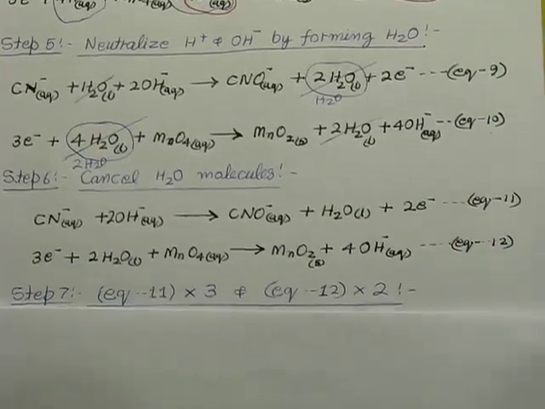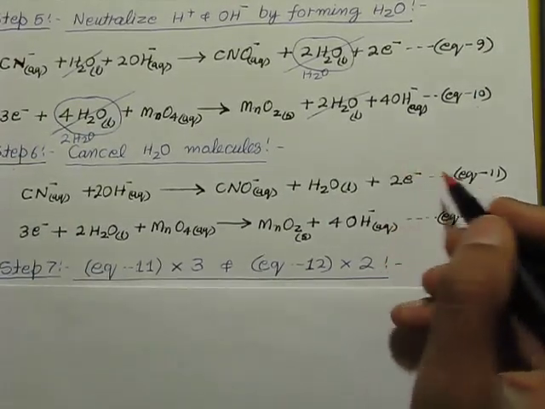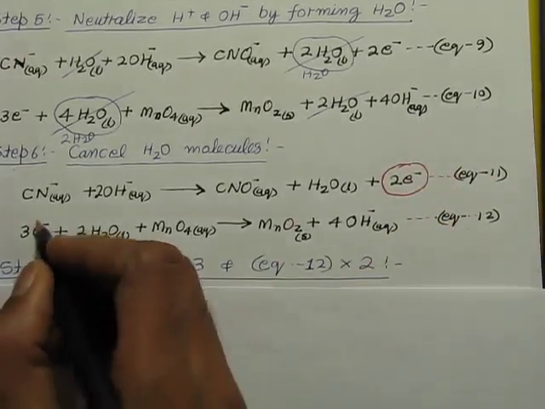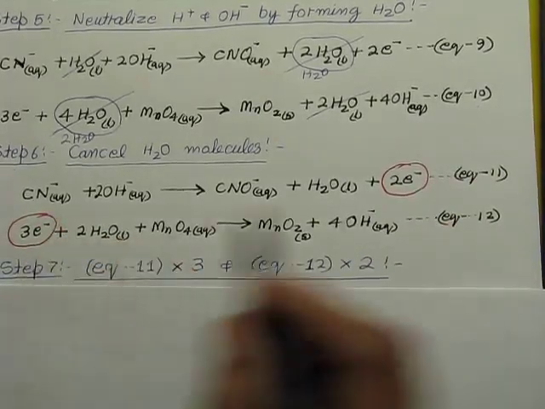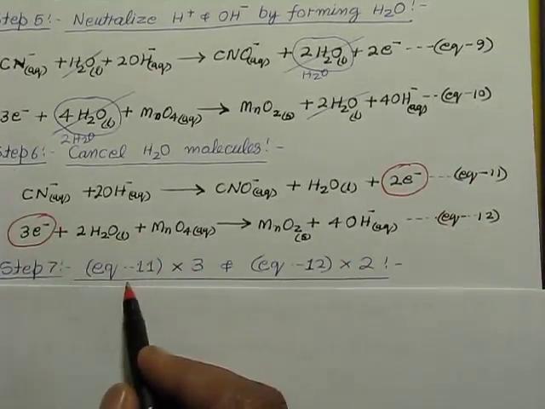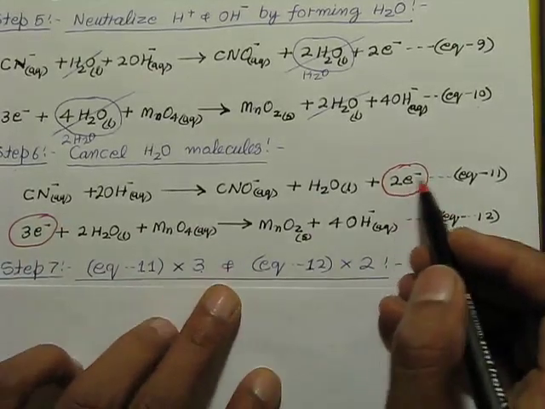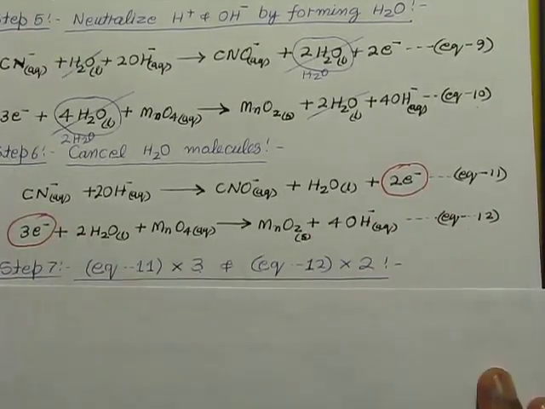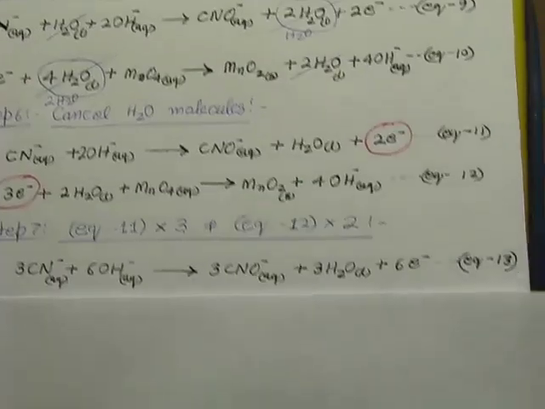And then what we have to do at the end, if you see, the number of electrons in equation number 11 is 2 and the number of electrons in equation number 12 is 3. So to balance the electron, we have to multiply equation number 11 by 3, then it will become 6 electron, and equation number 12 by 2.